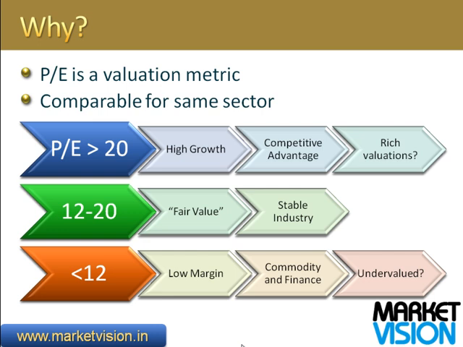So the idea here is that for low growth companies, low growth expectations, you would have low PEs. When you have low PEs, you may also have low expectations, and that may not be necessarily valid. So you find undervalued companies in the low PE ranges as well.